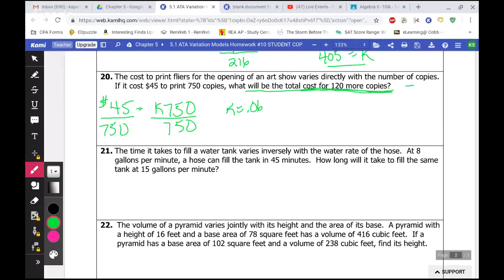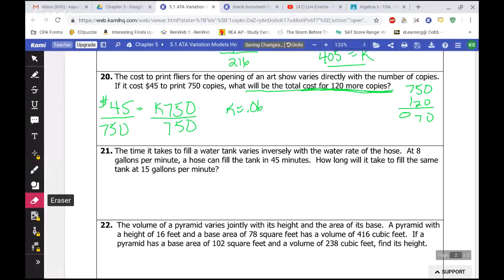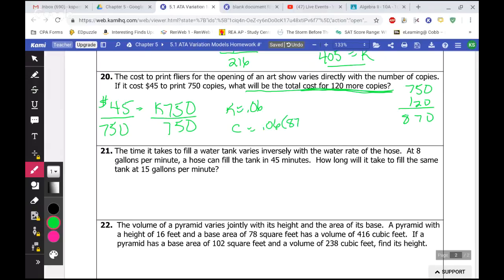I think it would be simpler just to do this and get your total number of copies. If you could add, right, Miss Sparks? So 870. $52.20 is the total cost to do that many.